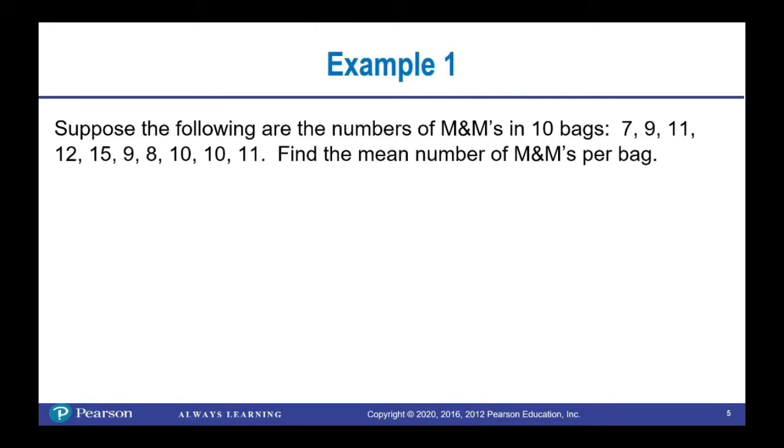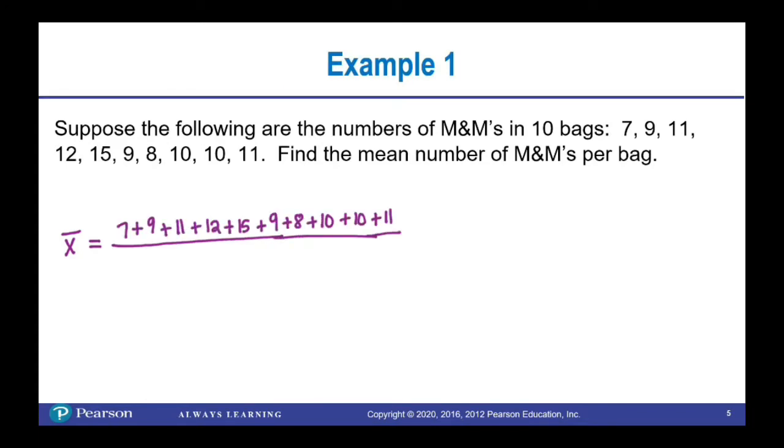Our notation for mean is an X with a bar over it. To find the mean, we add all of our values together. And here I divide by 10 because I have 10 values. The sum of my values, and when I divide by 10, I get a mean of 10.2.